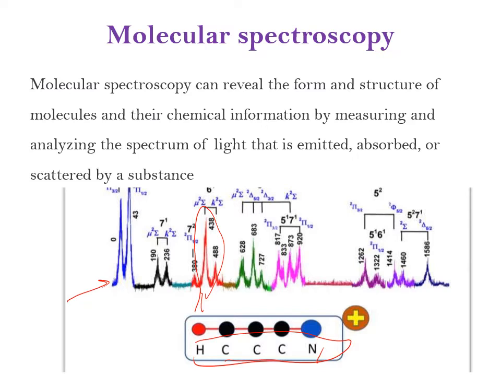The carbon, which is the black one, also has a different absorption spectrum. Nitrogen also has its own absorption spectrum. And when you see this absorption spectrum, you can identify what kind of molecular composition the sample has.